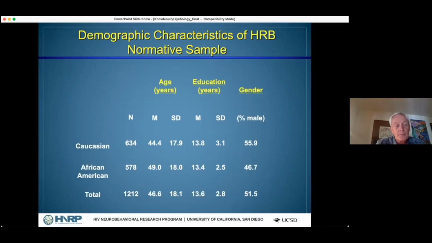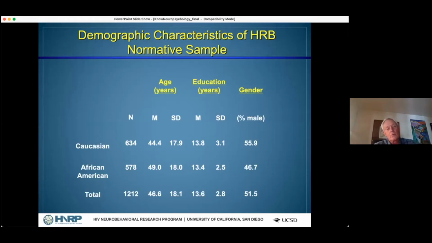Moving on to the expanded Halstead-Reitan battery, the nature of these tests really doesn't matter, and I'm not going to spend time on it. People use different measures, but they all show these kinds of effects in my experience. For the expanded Halstead-Reitan battery, we had 634 non-Hispanic whites in the top group, and 578 African Americans in the bottom, and they are similar in terms of average age and education.